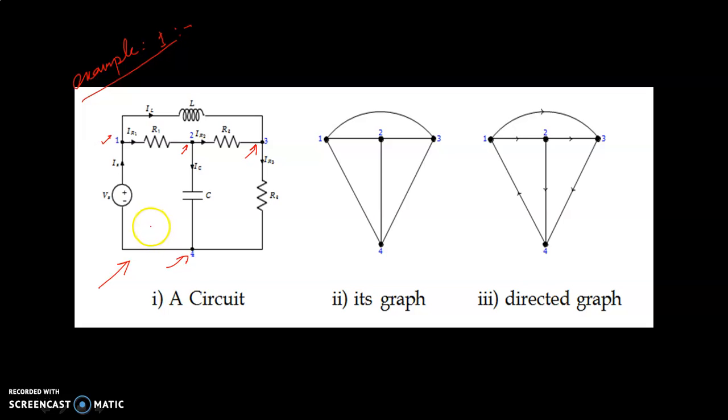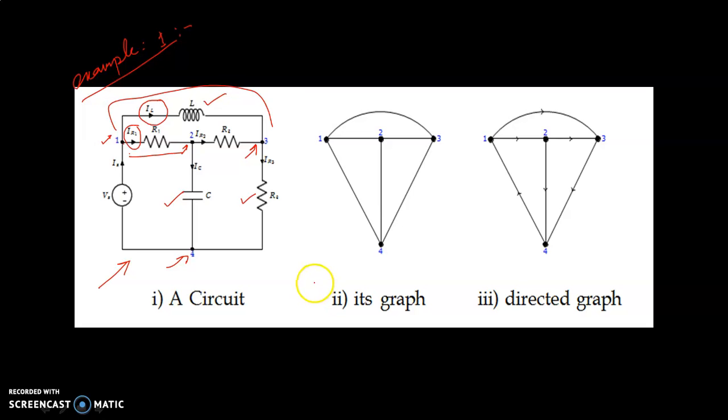See this? In this path from 1 to 2, the direction is given like this. From 1 to 3, the direction is given like this. The element is given.